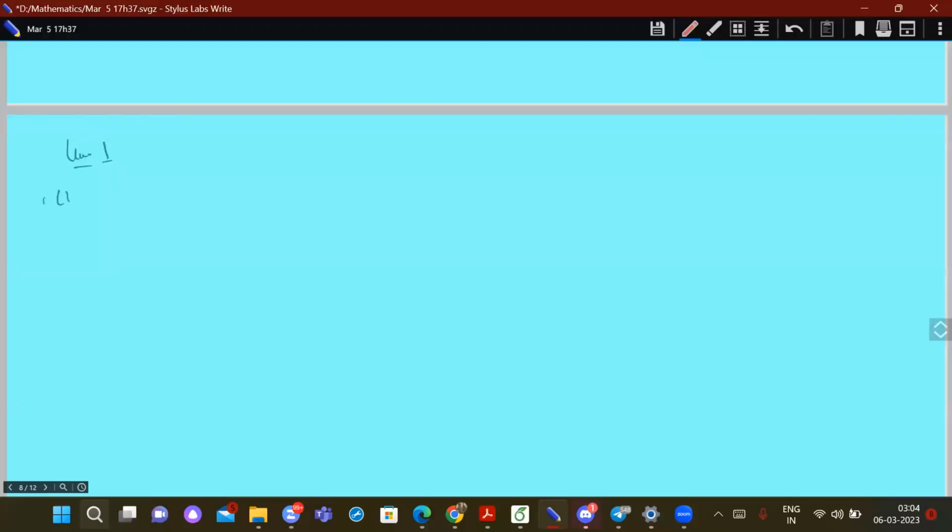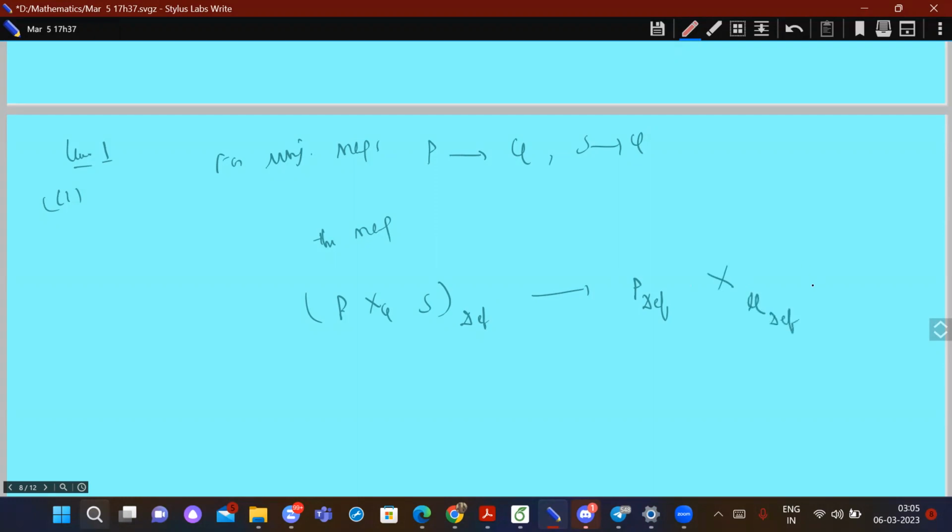So lemma one: for surjective maps of infinitesimal thickenings of K, the map, so this map, is a bijection.